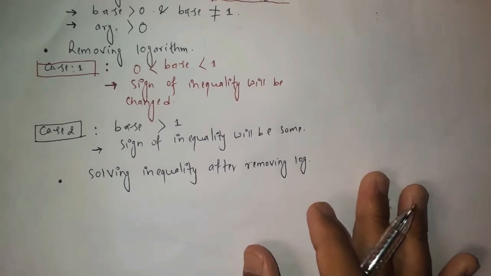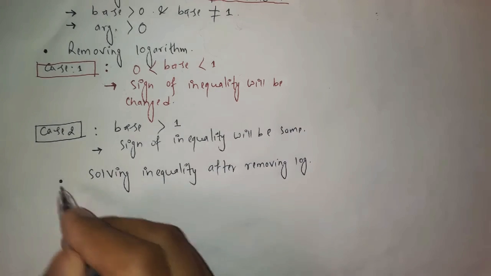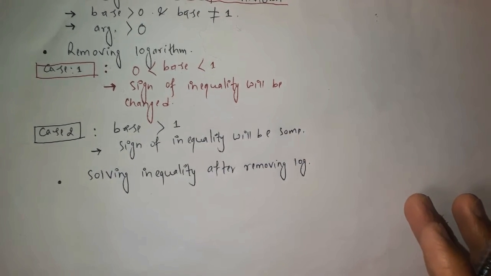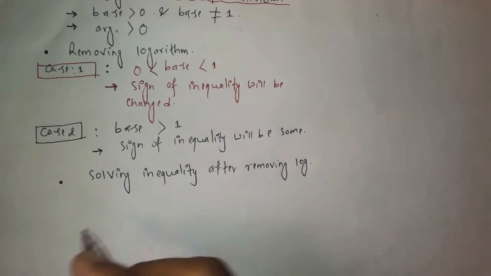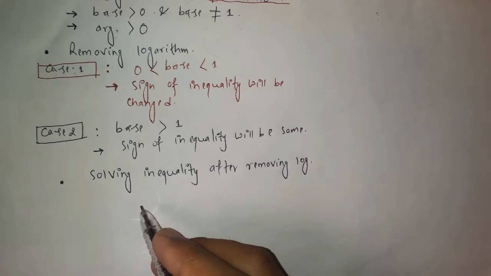After removing the logarithm of the given inequality, we will get the next inequality. Then in the third step, we have to solve the obtained inequality, and then we will get some values, some criteria for the unknown.